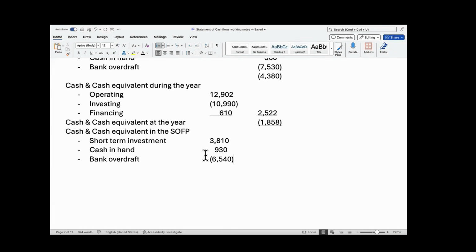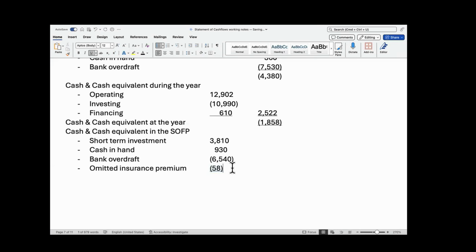Can anyone remember the error that they made, the transaction that was omitted? Okay, so the omitted insurance premium payments that they made, which is how much? 58.